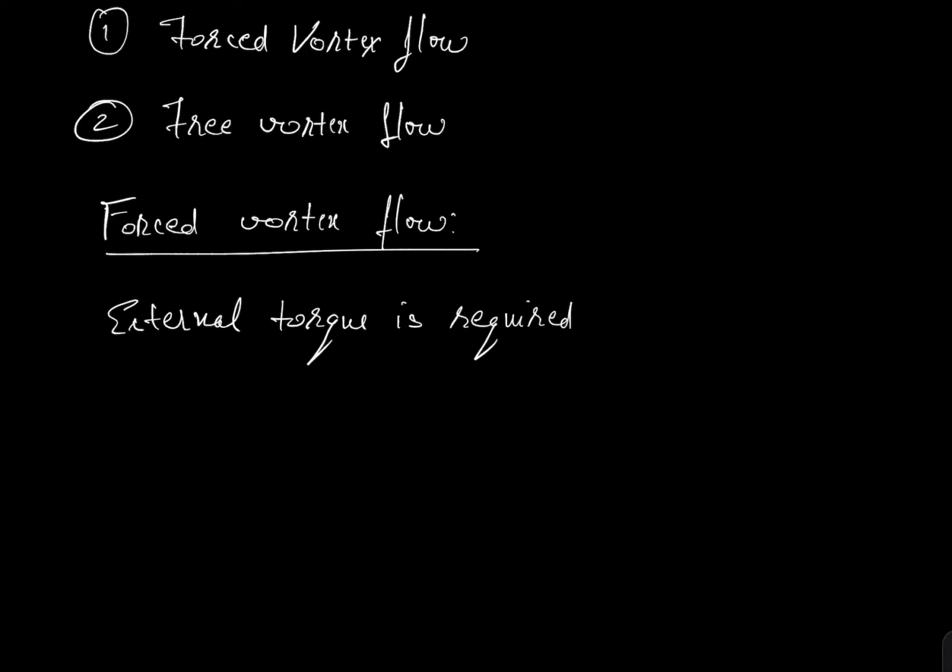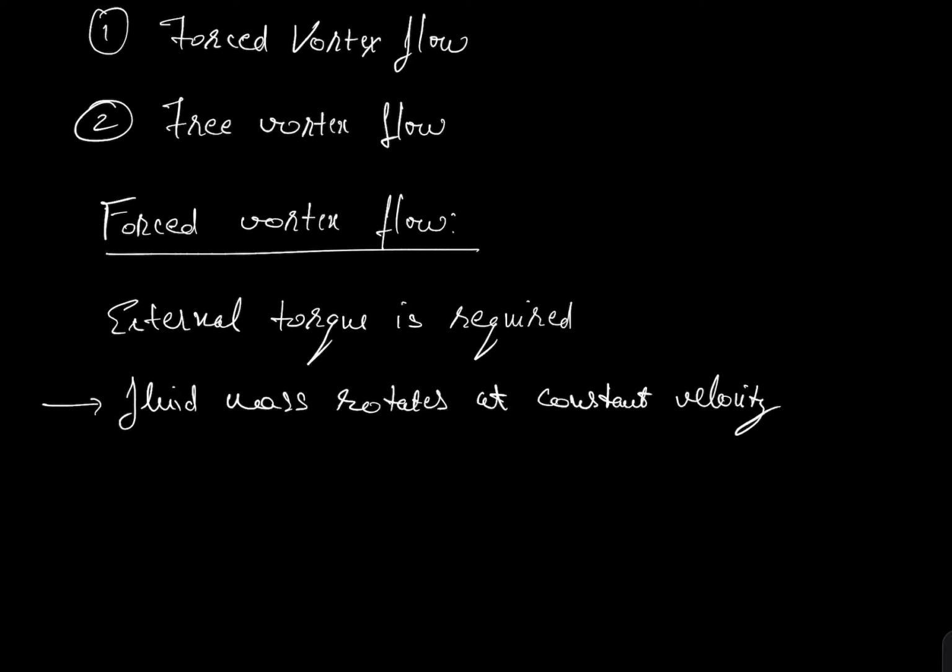In this case, fluid mass rotates at constant velocity, right? That is omega. Actually, you can write here angular velocity. Fine. This is the angular velocity, right? The fluid mass is moving along a curved path.